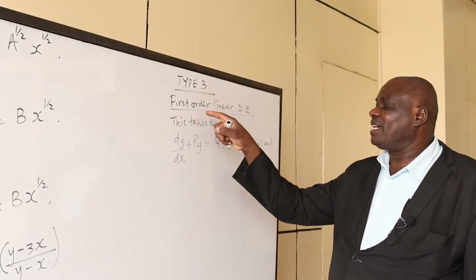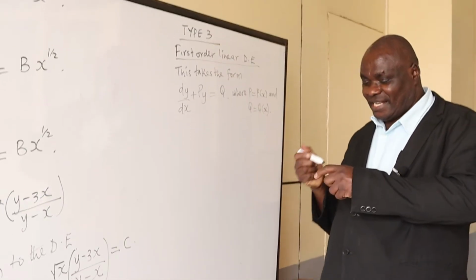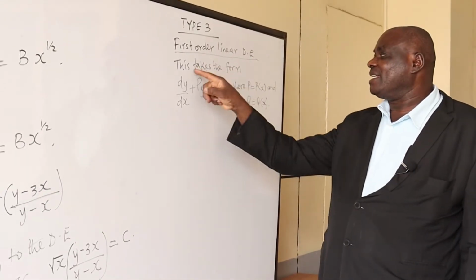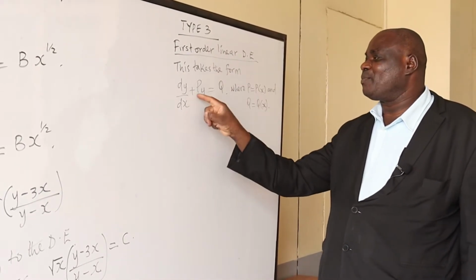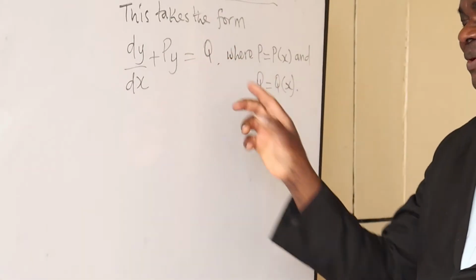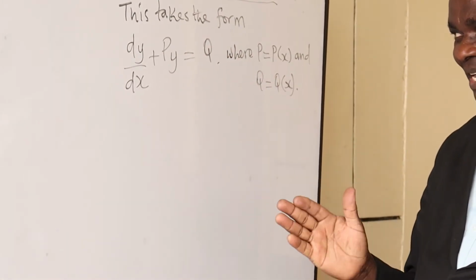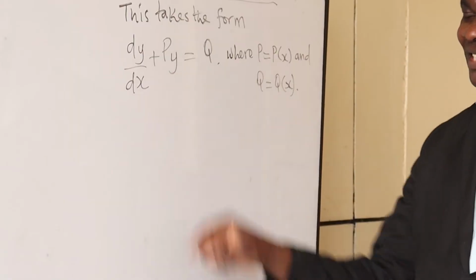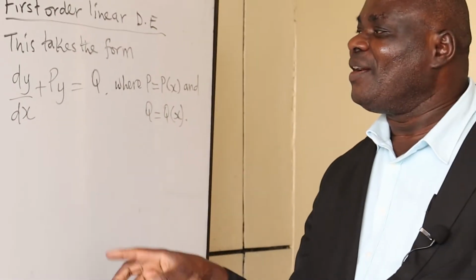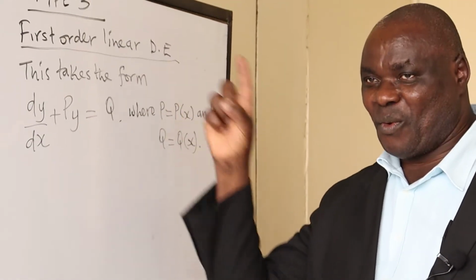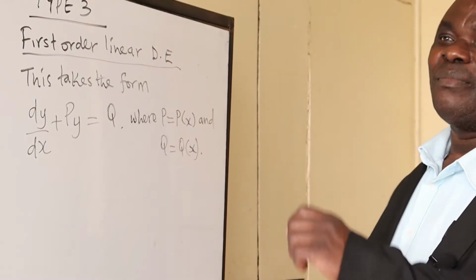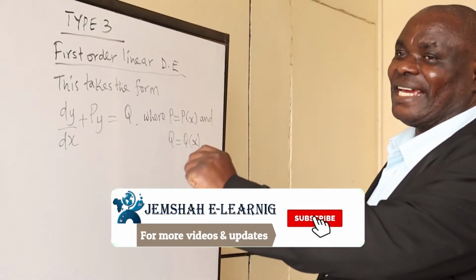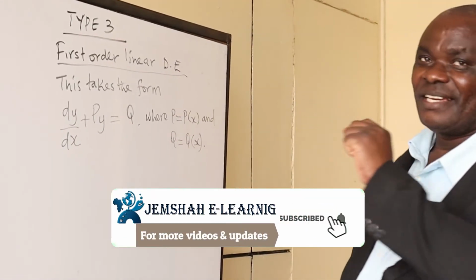In our type 3, it is the first order linear differential equation, and it takes the form dy dx plus py is equal to q. This is a case where dy dx is of first degree. Y is also raised to power 1. Hence the name first order linear differential equation.